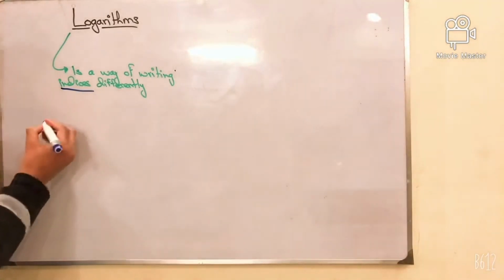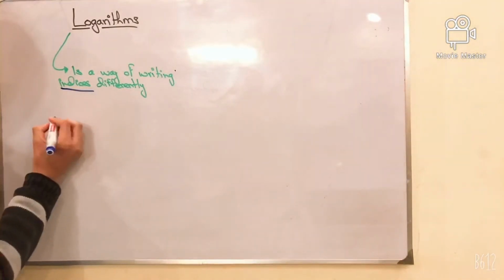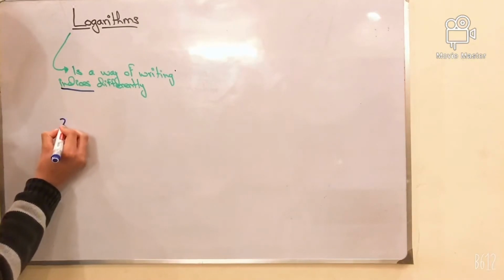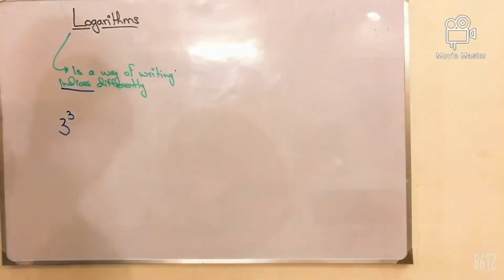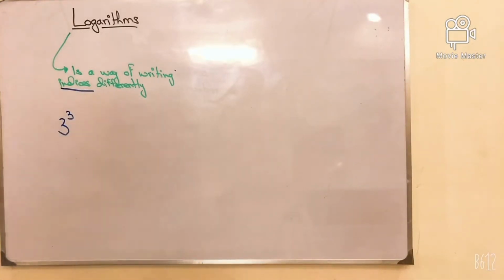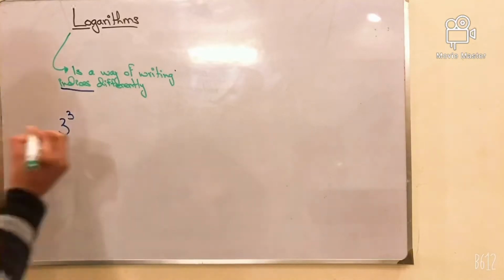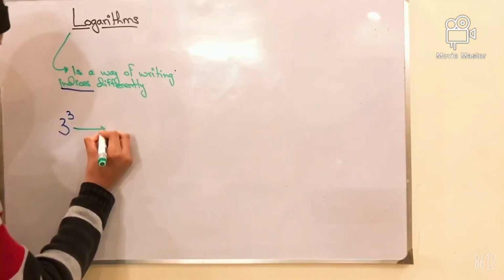So let's say we have 3 to the power of 3, and 3 to the power of 3 is equal to 27.